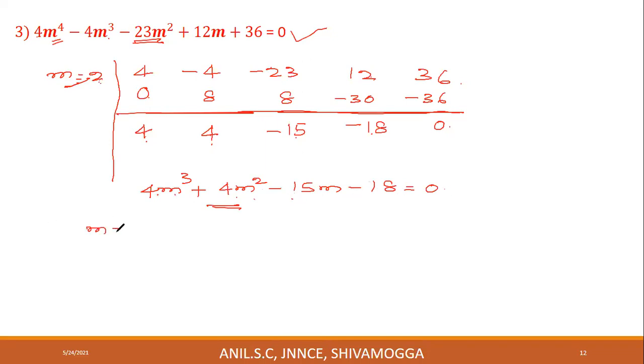Verify. M is equal to 1 and m is equal to minus 1 are not roots of this equation, so you need not check them here. Therefore, start with m is equal to 2 only.